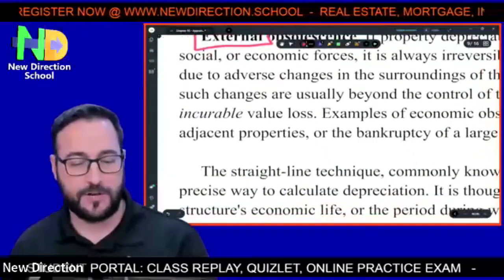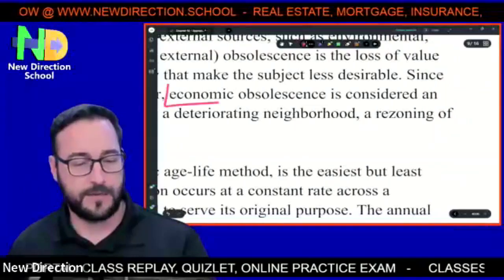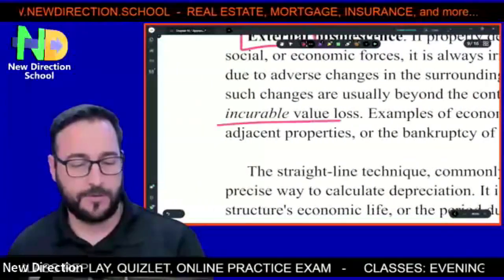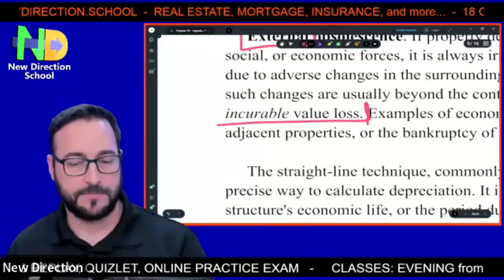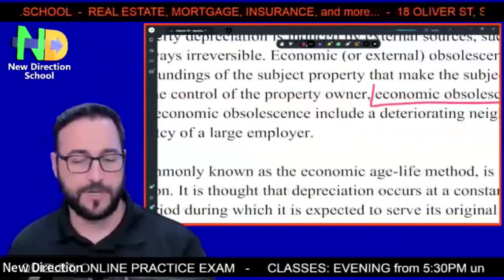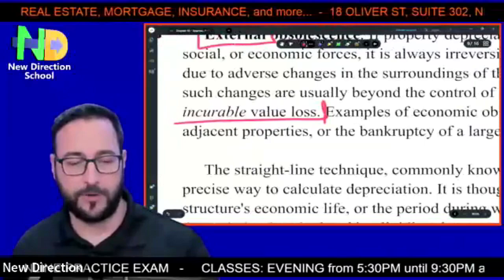Since such changes are usually beyond control of the property owner, economic obsolescence is considered an incurable value loss. Examples of economic obsolescence include deteriorating neighborhood, rezoning of adjacent properties, or the bankruptcy of a large employer.